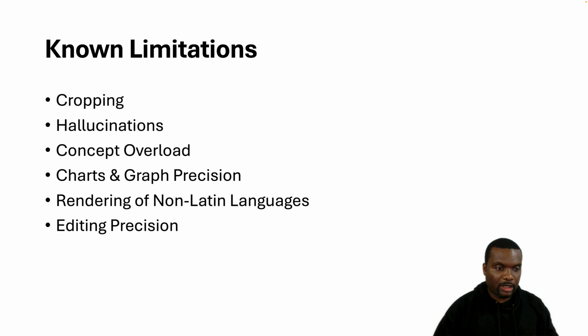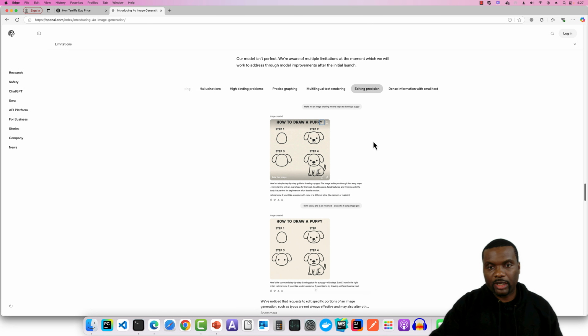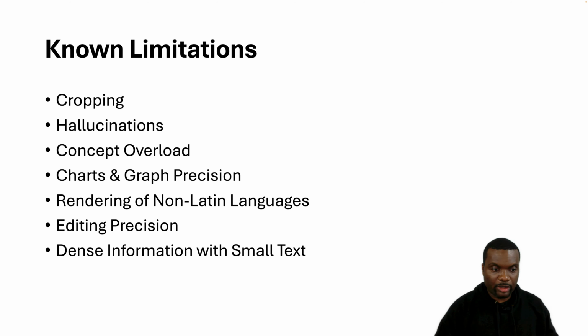And then the precision when you are making edits to pictures, they have covered that in the example here. So sometimes it doesn't really come out the way you want it to show up, but you may have to play with it multiple times to get to what you are trying to achieve.